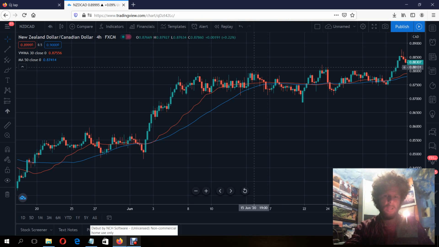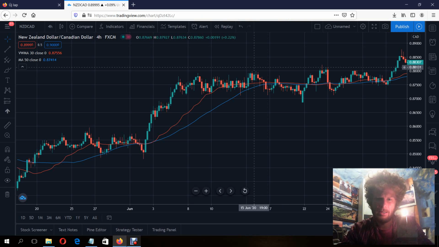So I just opened a currency pair, a good one actually, with great liquidity, and it doesn't have too many really volatile periods where it goes crazy. I opened a chart with the 4-hour time frame because I prefer this time frame for this strategy.